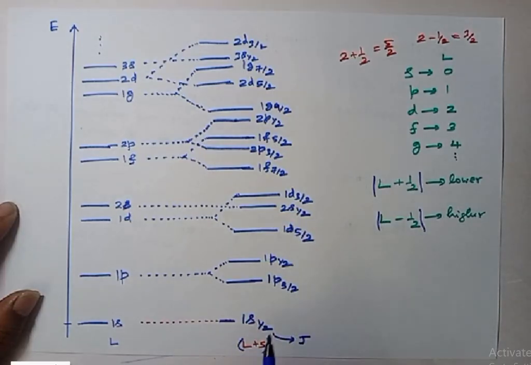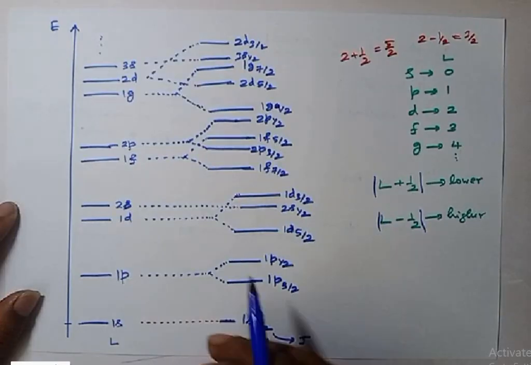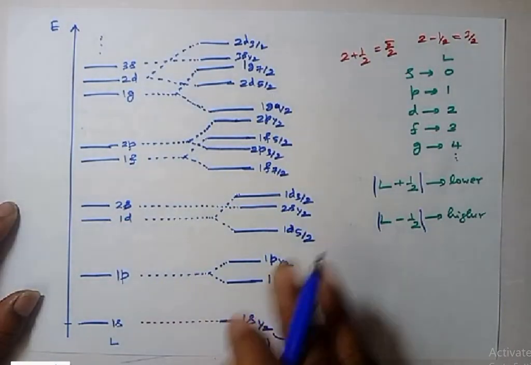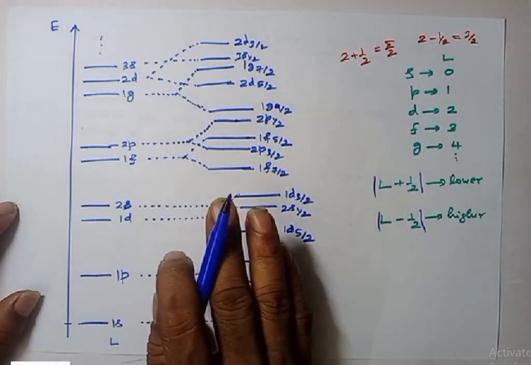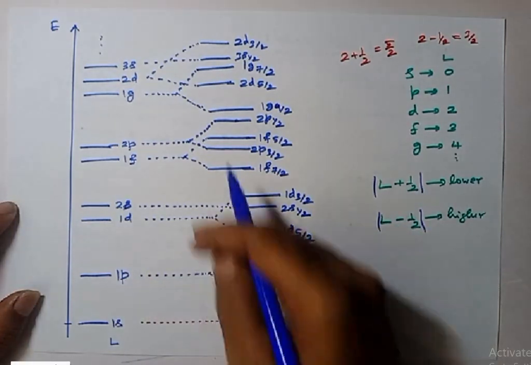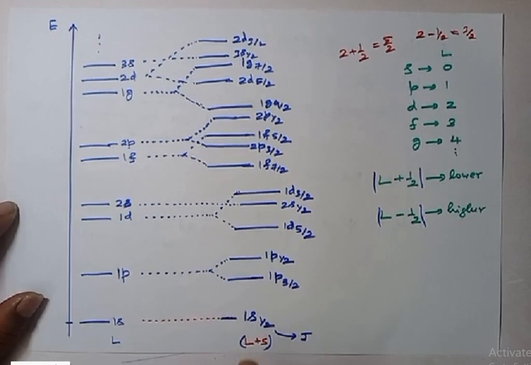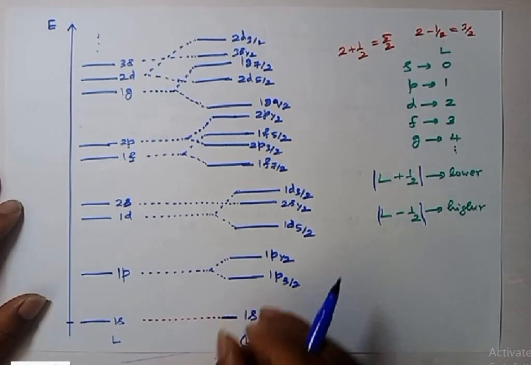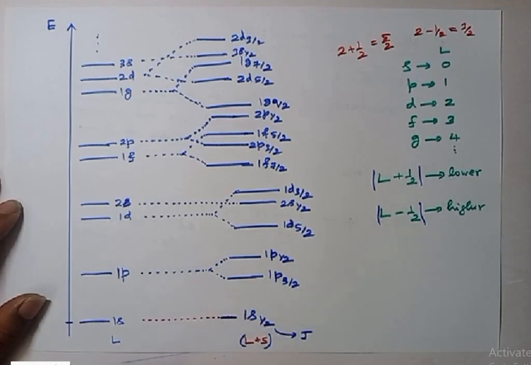You can arrange the protons in this, and you can also arrange neutrons in this. For both neutrons and protons, these are all the allowed energy levels. Now in each level, how many protons or how many neutrons can we place?